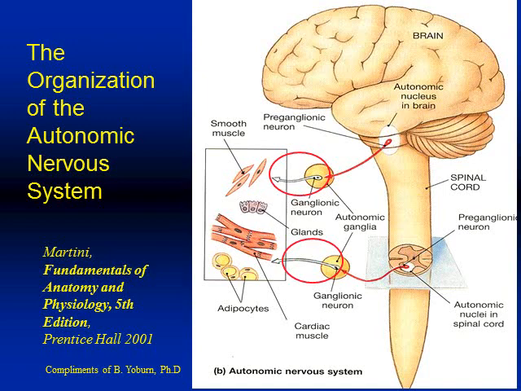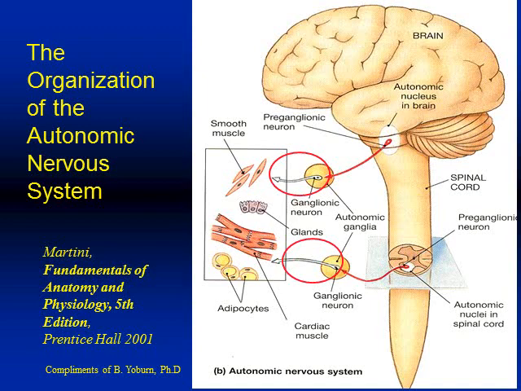That first neuron transfers a signal from the brain to the ganglion, and the challenge is to confer the signal from the ganglion to the effector tissue, which could be smooth muscle, which could be glands, etc. And so a ganglion is a collection of neurons where a lot of message exchange goes on.